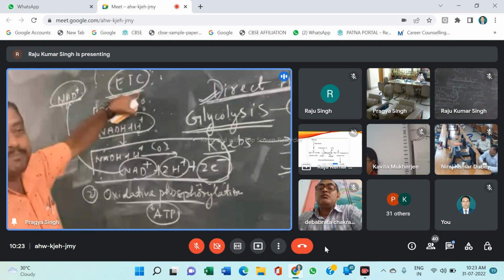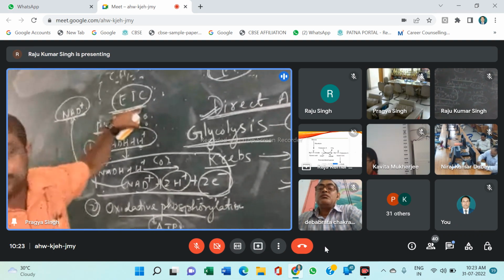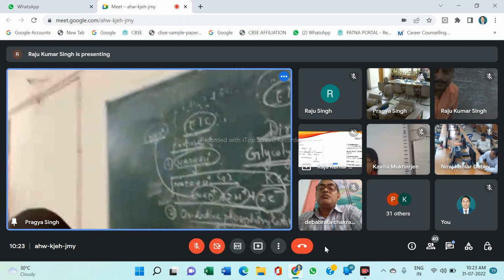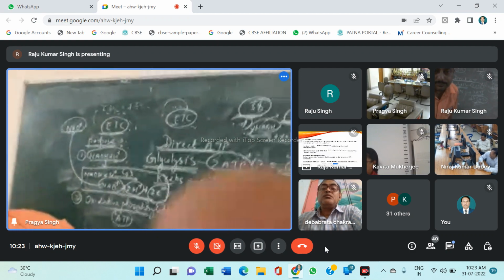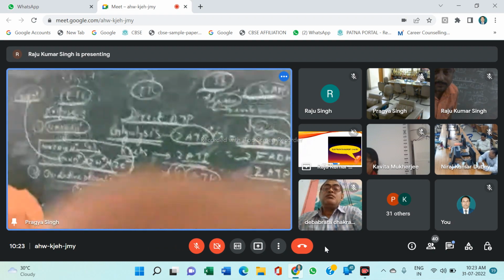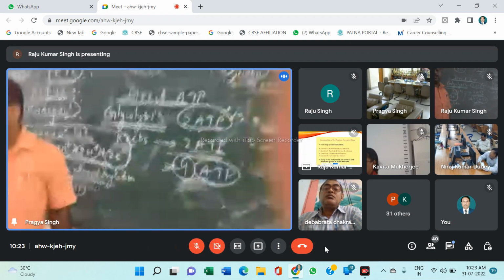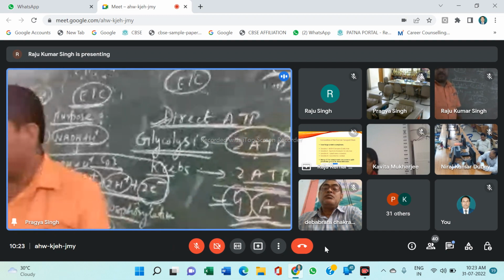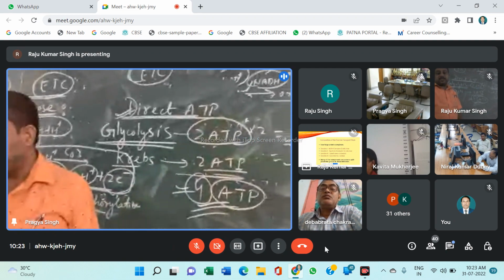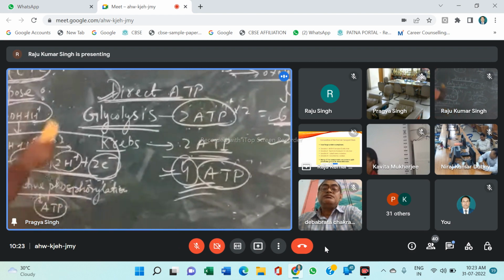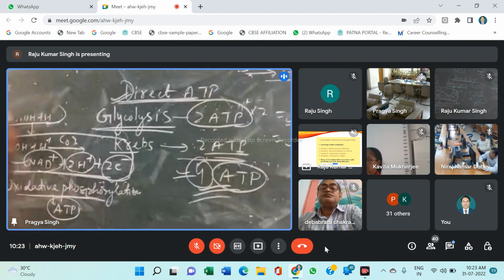These are the complexes here: complex 1, complex 2, complex 3, and complex 4. These are the 4 complexes of the electron transport system.